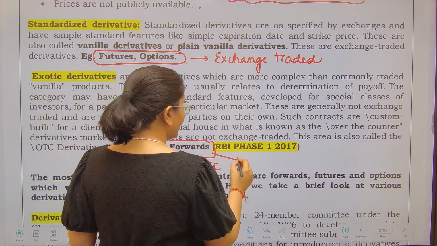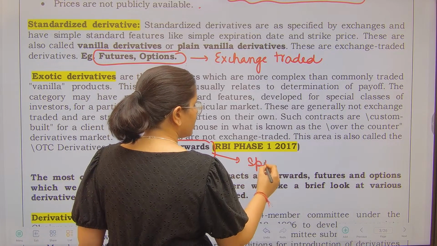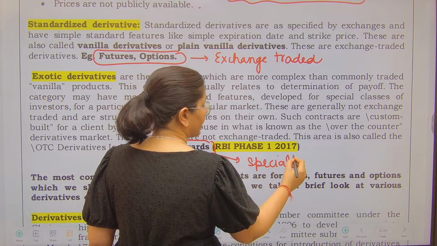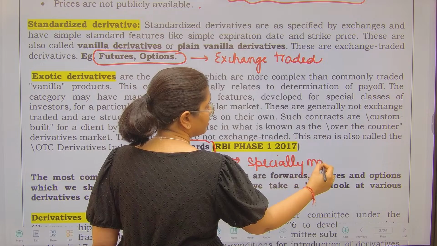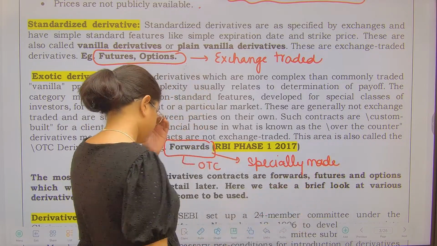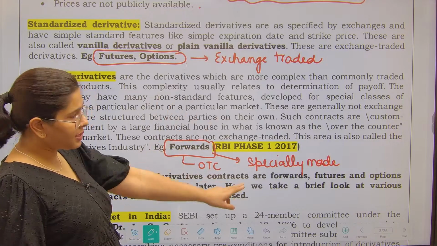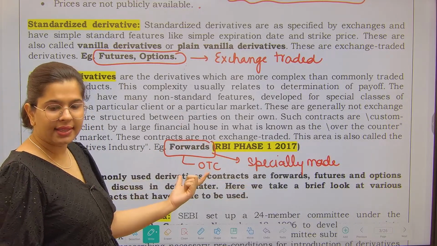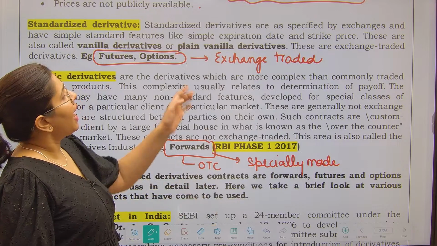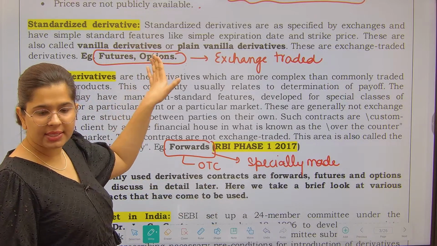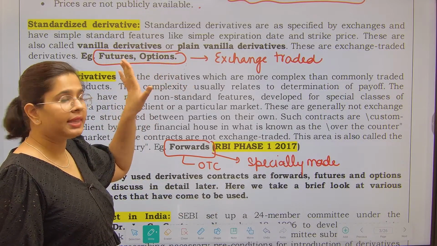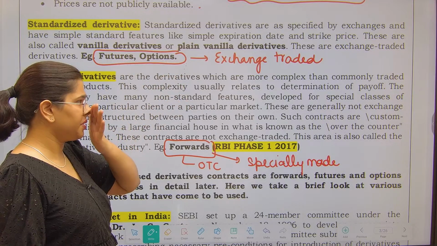That means they are specially made for the client. They are specially made for the customers. Because they are specially made, that is why they are over the counter traded. And because anyone can come and take the futures and options, that is why they are exchange traded.